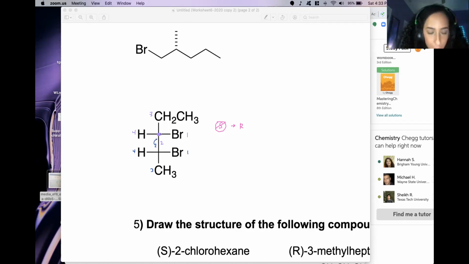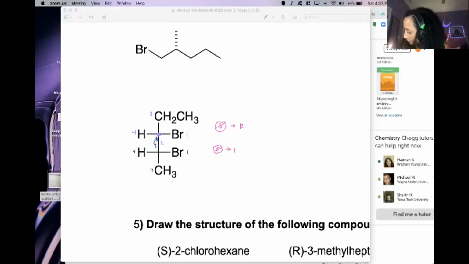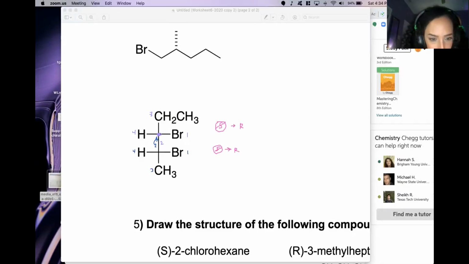Or really, to be precise, that one. Okay. So 1, 2, 3, 4. That is S, and our hydrogen is on a wedge. We're going back to R. Is that right? Okay.